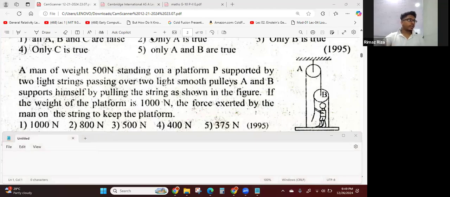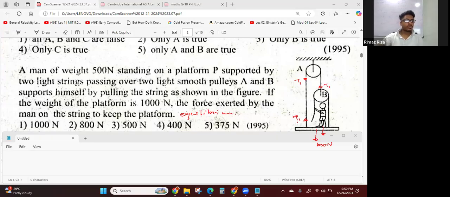Okay. So here first we can mark the forces. The weight of the platform is vertically downward, 1000 newtons, and here we mark the tension T1. So here this one also T1, and here also the tension T1, and then the man's normal reaction force acts on this platform.